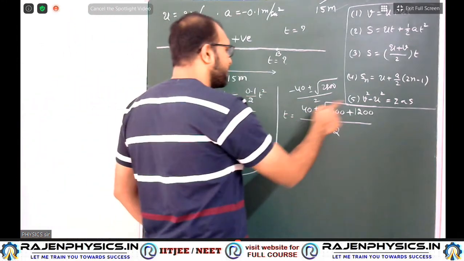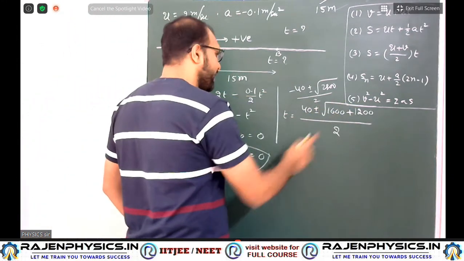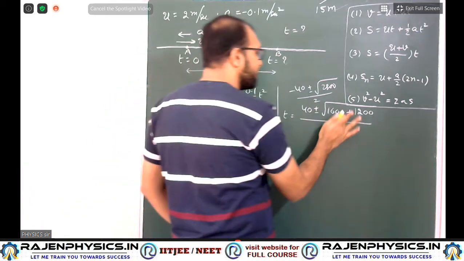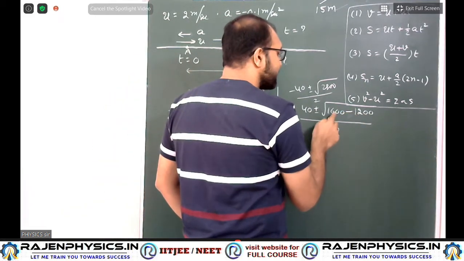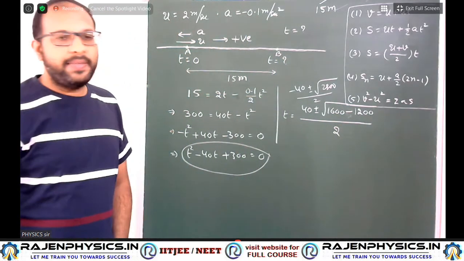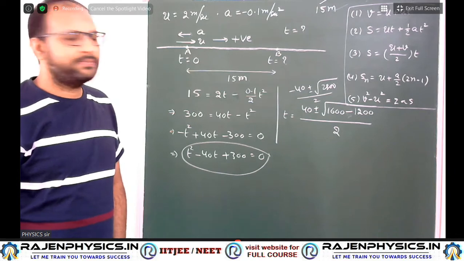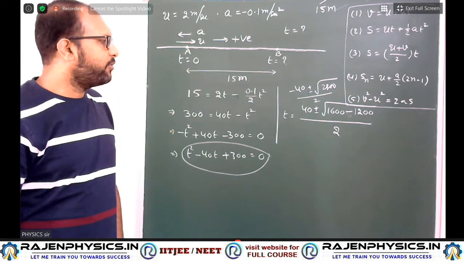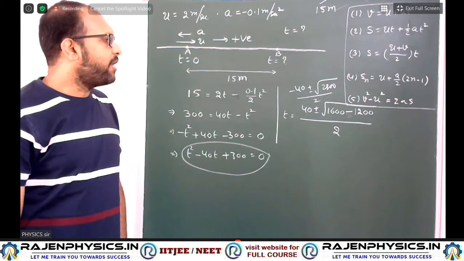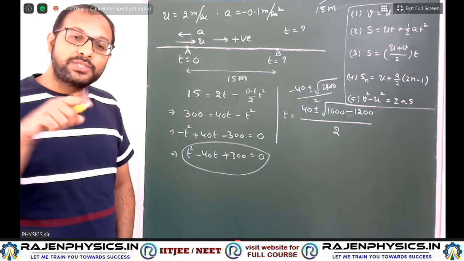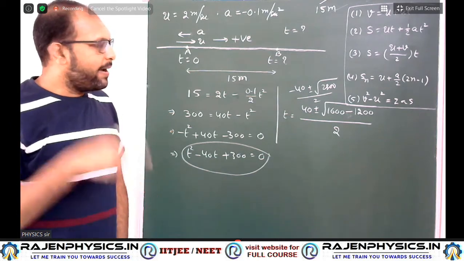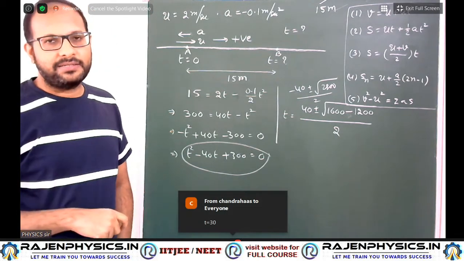Now for this solution, t equal to minus 40, no, this is plus 40 because it is already minus 40. Yes, plus or minus root over b square, 1600, minus 4ac, students, here 1600 minus 1200, that is 400. Root over 400 is 20. 40 plus 20 is one answer, 40 minus 20 is another answer.